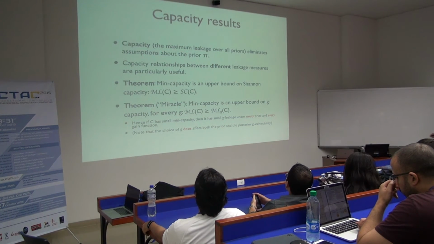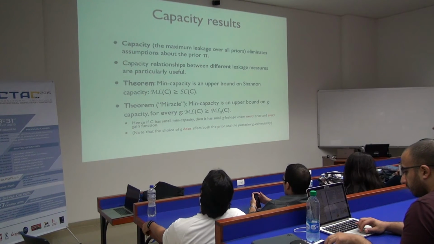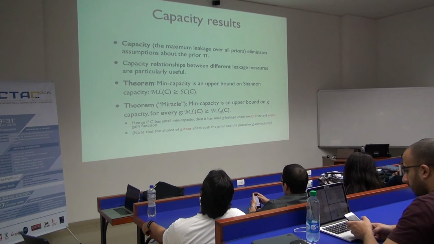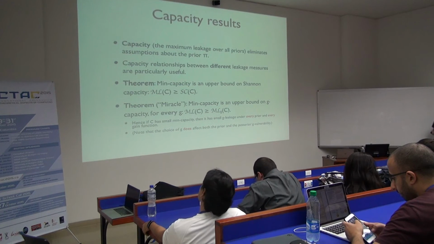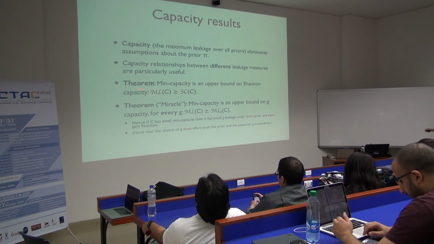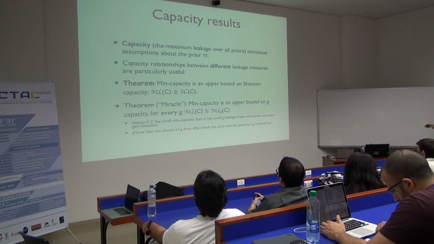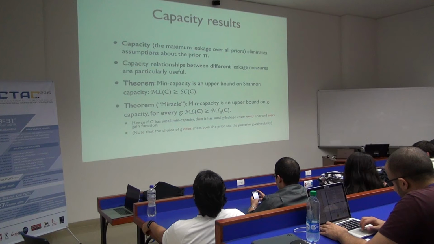And remember also from yesterday that this is also easy to compute. If you have a channel, you can easily compute it. So this says that if you compute this and it is small, or if you can have a way to establish bounds on that, then this will give you a bound on channel capacity.